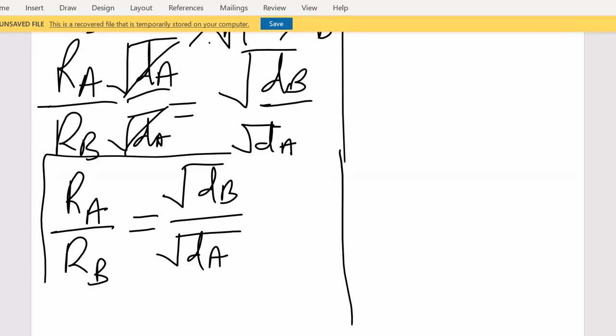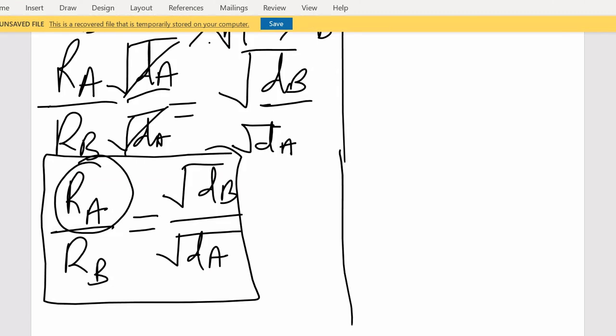Learner, this is what we call Graham's law of diffusion, and if you are keen, you can note that rate of diffusion of A is inversely proportional to rate of diffusion of B, meaning Graham's law, we are correct in the derivation whereby we talked of rate being inversely proportional to the square root of its density.